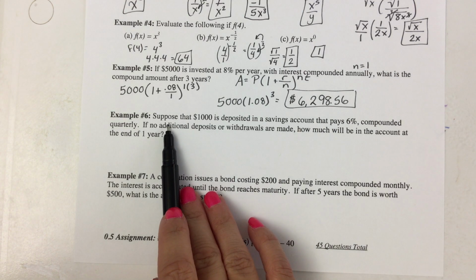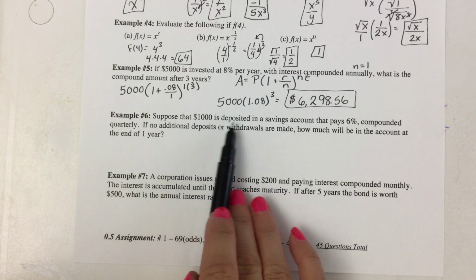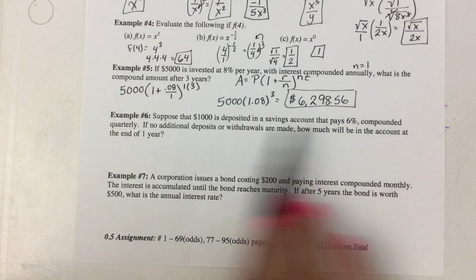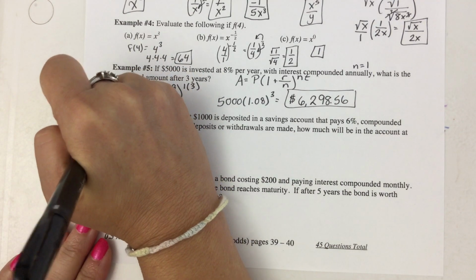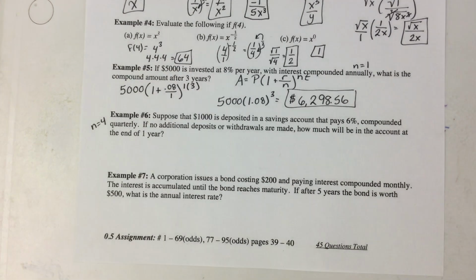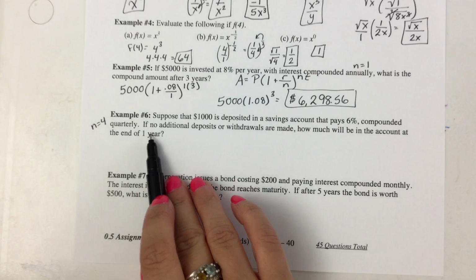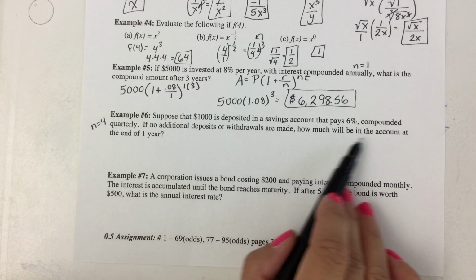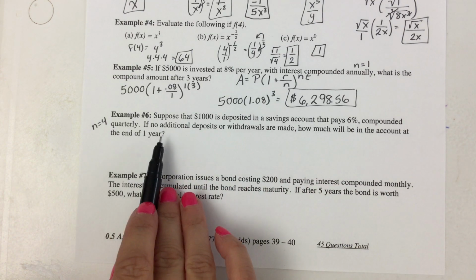Next one. Suppose that $1,000 is deposited into a savings account. It pays 6% compounded quarterly. Quarterly means that N is a 4. 4 times during the year, you get money added to your account. If no additional deposits or withdrawals are made, how much will be in the account at the end of 1 year?